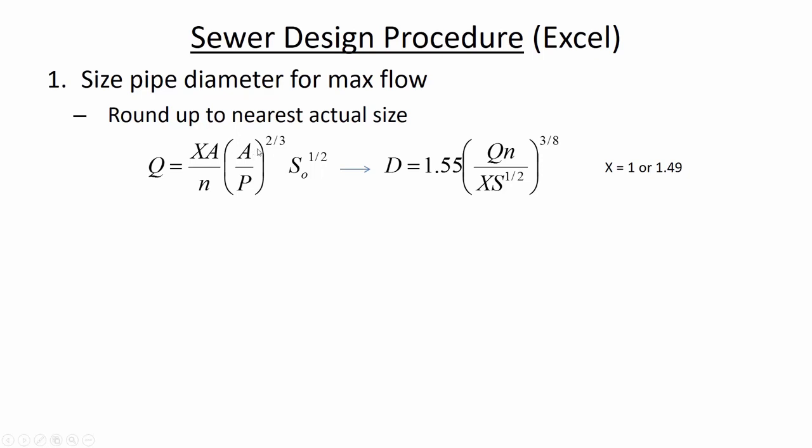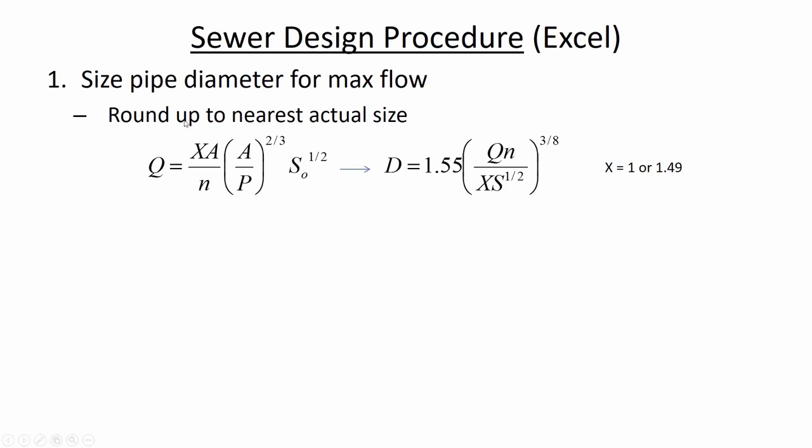And so we're going to substitute in the geometry for the area in terms of D, the wetted perimeter in terms of D, and then this factor here, X, that's related to whether you're working with traditional units where it's 1.49, or if it's SI units, then it'll just be 1. So you know some given flow rate. The flow rate is given, Q, and you're trying to find out how big should the pipe be. And by the way, these units will be either in meters or in feet.